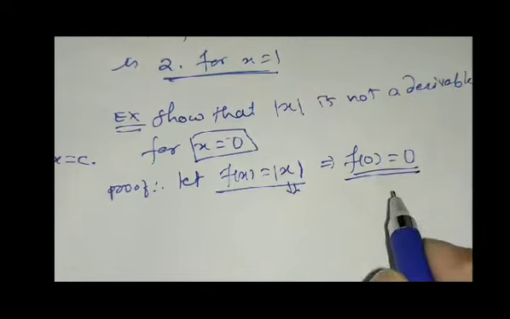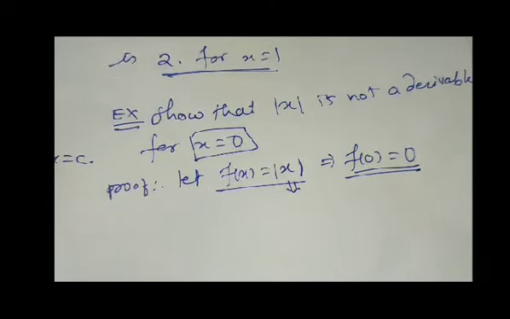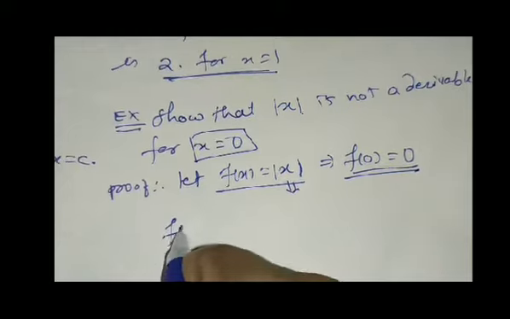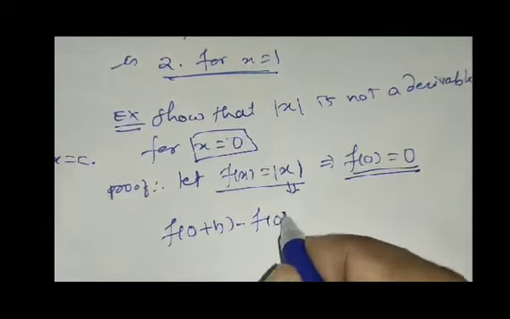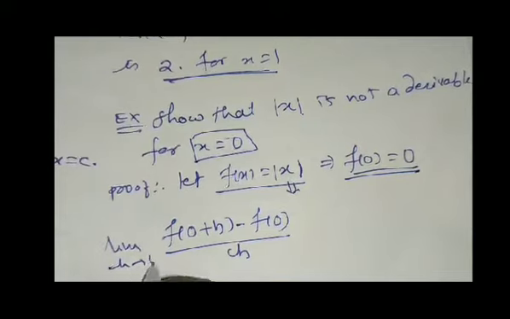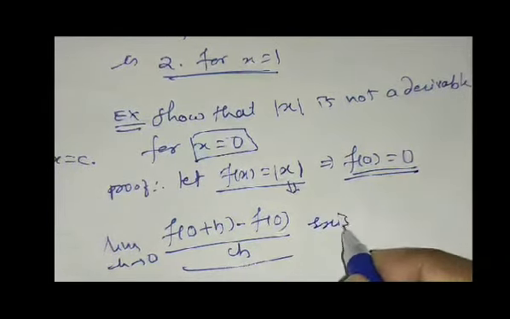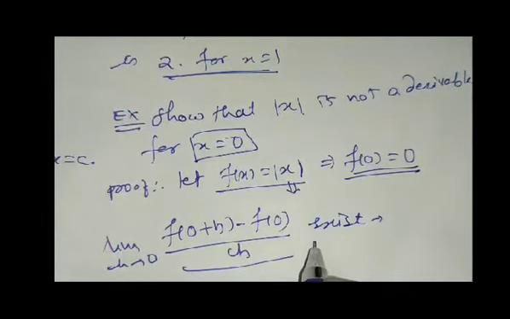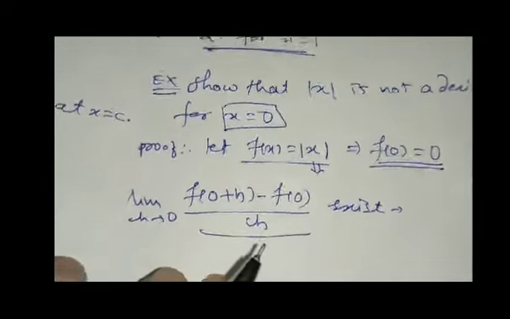Now, we know that if the function is derivable, then this limit exists. Which limit? The limit of f of 0 plus h minus f of 0 divided by h as h tends to 0. If this limit exists, then the function is derivable, and if the limit does not exist as h tends to 0, then the function is not derivable.